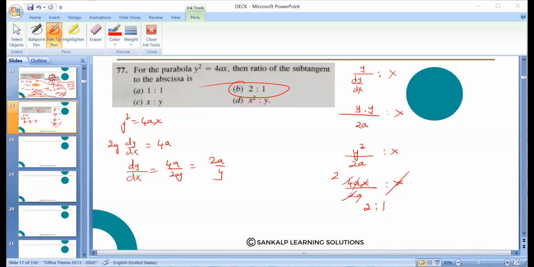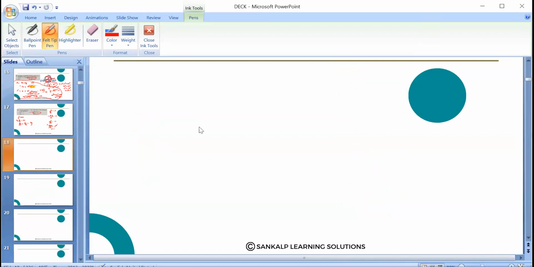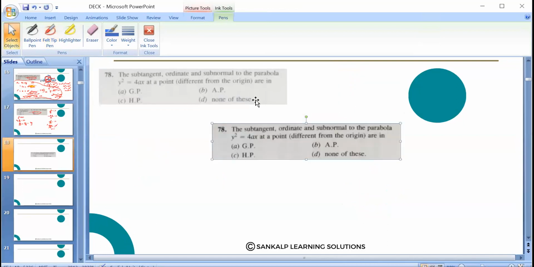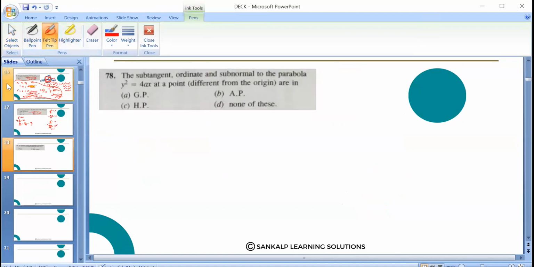Next is 78. The subtangent, ordinate and subnormal to the parabola y square equal to 4ax. So subtangent means we have to find y by dy by dx. Ordinate means we have to take y. Subnormal means we have to take y into dy by dx.